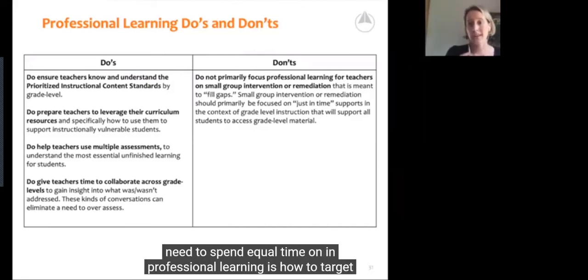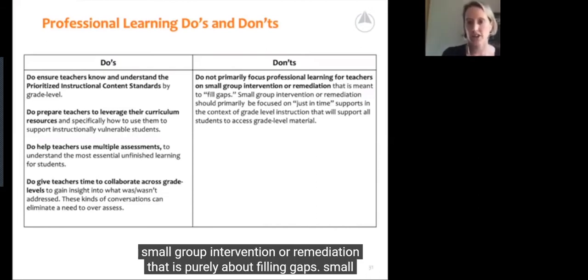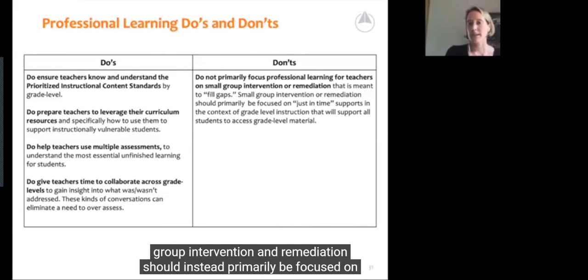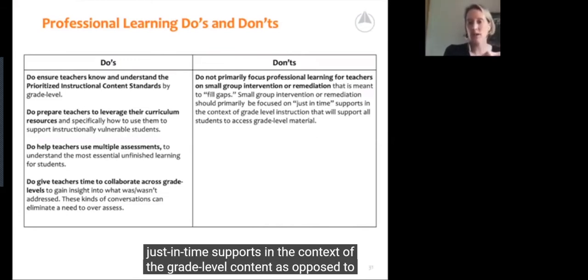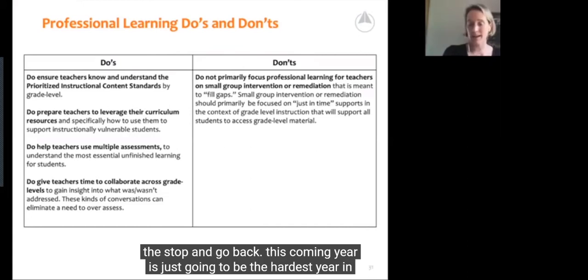What we don't need to spend equal time on in professional learning is how to target small group intervention or remediation that is purely about filling gaps. Small group intervention and remediation should instead primarily be focused on just-in-time supports in the context of the grade level content, as opposed to the stop and go back.